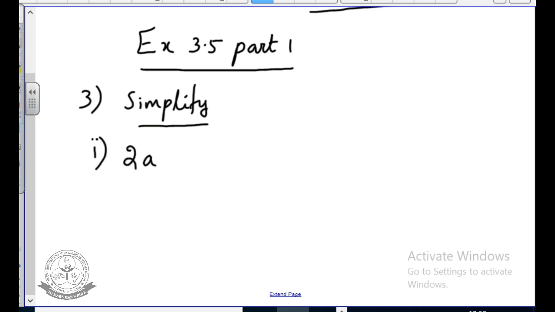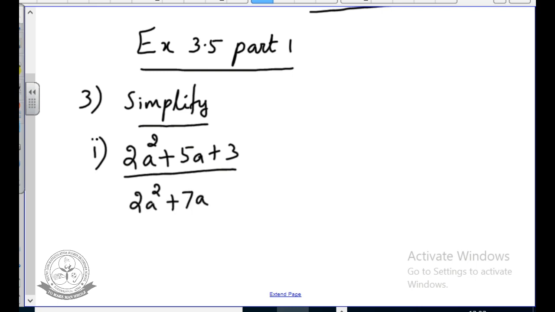2a square plus 5a plus 3 divided by 2a square plus 7a plus 6. In your book they are having one correction, that is in the book they have given 3a square. So you do the correction for the 2a square.